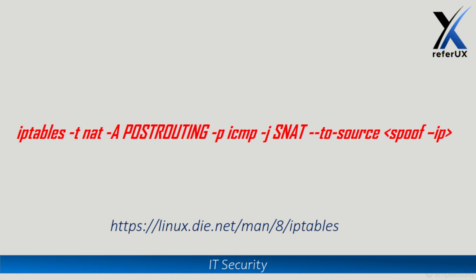Then the protocol is ICMP, that is -p icmp, and the target would be SNAT. SNAT means source NAT.